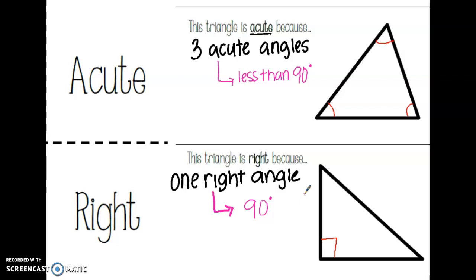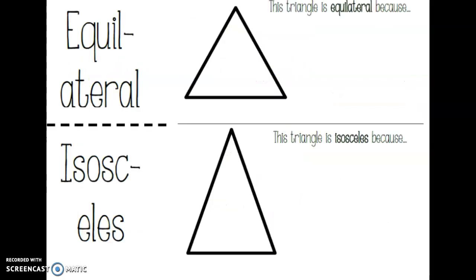Then we're jumping over to the right-hand side of our foldable. So we're going to do equilateral, and this triangle is equilateral because it has three congruent sides.